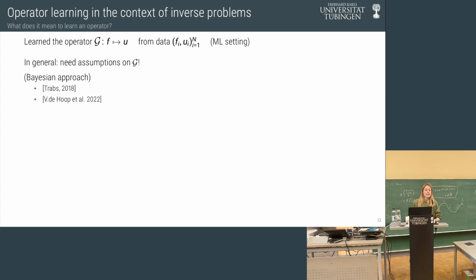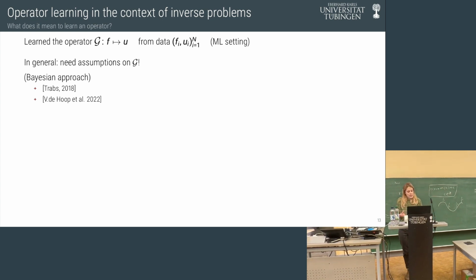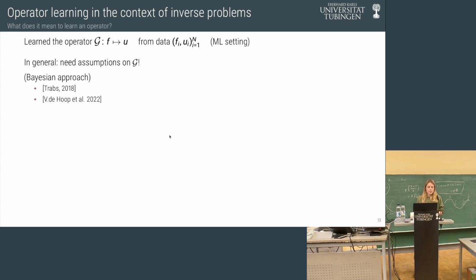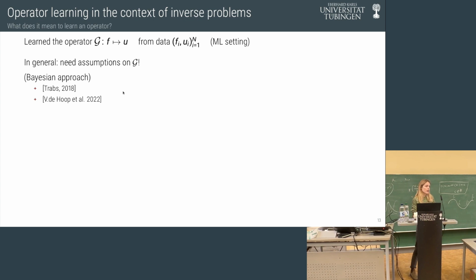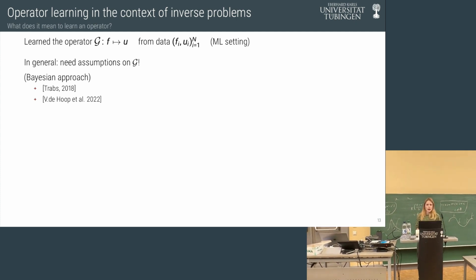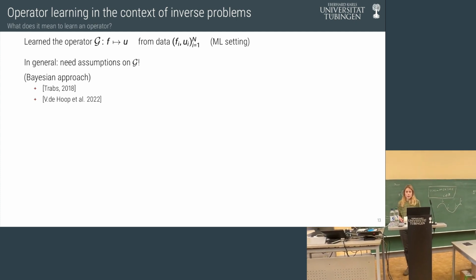And you need, of course, to make assumptions on your operator. Here I put it in the context of Bayesian approaches to learning operators between infinite dimensional function spaces, and the Bayesian approach is quite sparse compared to other literature that does not do it in a probabilistic sense.